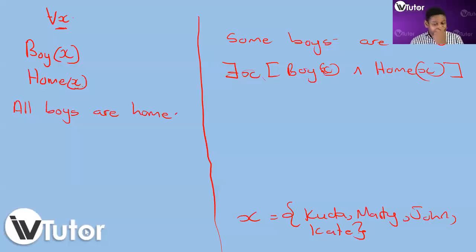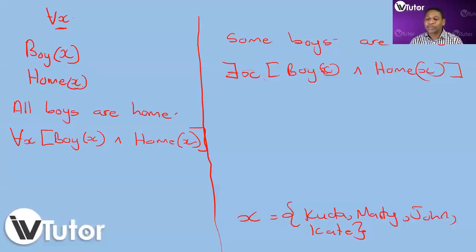Now, if I want to say all boys are home, one would be tempted to say all the other boys are home. The temptation will be very high to say this. But then this would be wrong.